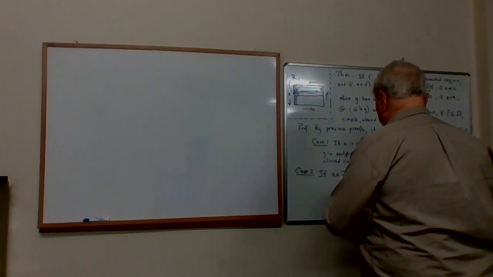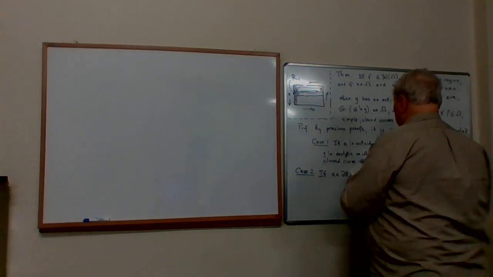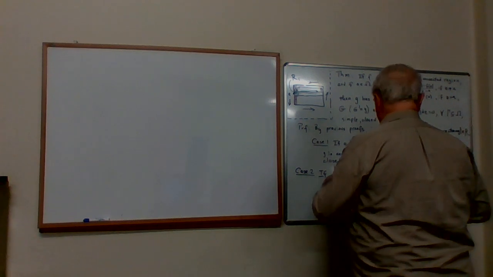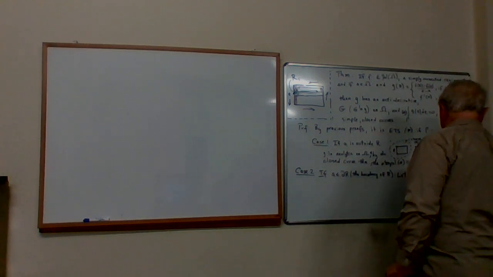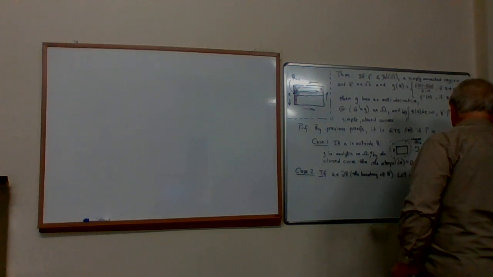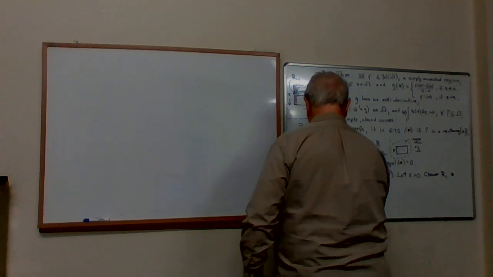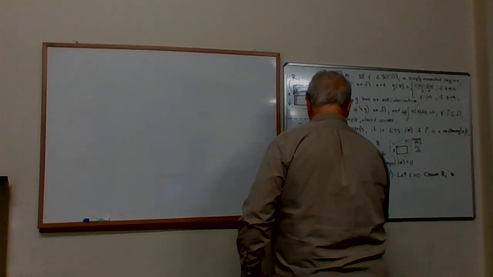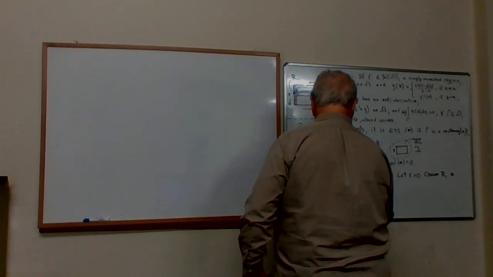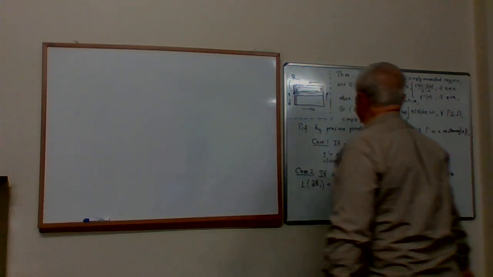Okay, now, we've chosen R1 so that the length of the boundary of R1 is less than epsilon.